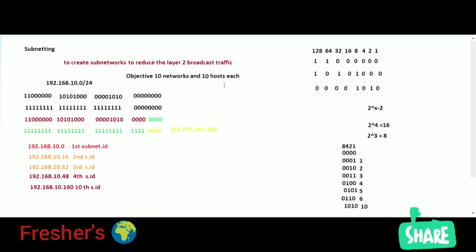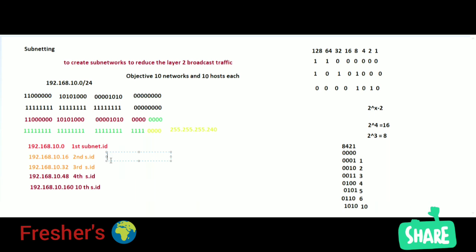Next, 10 hosts per subnetwork. Let's see how many hosts we have. With 4 host bits, we get 14 hosts. Our objective is 10, but we got 14.